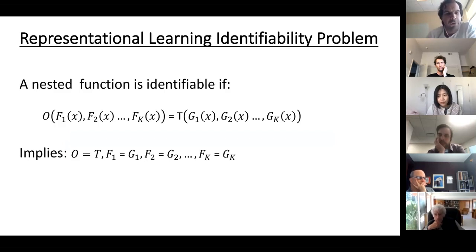When you have two functions, and especially nested functions, a function is identifiable if saying that they are equal also means that the parts are equal. Like if this function here is equal to this, that means that O is equal to T, F is equal to G, etc. Now, that is not true for nested functions.